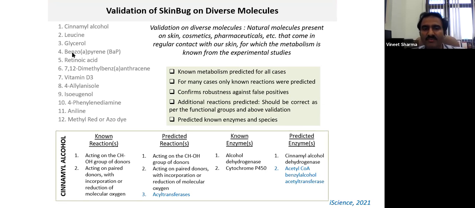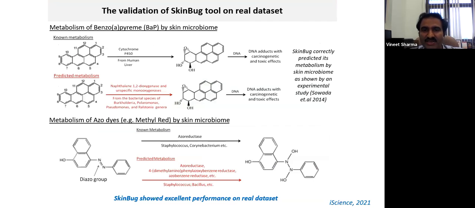We validated on several molecules, but due to lack of time, I think I should move a little faster. So basically, we showed in our paper that for all the common molecules for which information was known, we could predict what was known, and even more than that. And in case of unknown, we showed for the first time that this enzyme and these microbes can act on this.